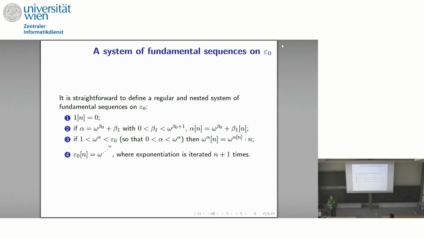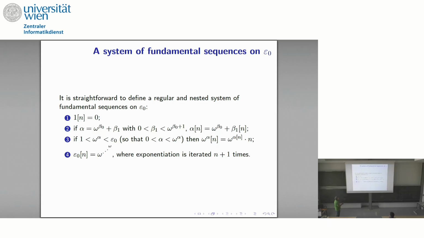Okay, well, going a little bit beyond the toy example of a system of fundamental sequences for omega, let's go to epsilon naught. This is already what Ketonen was doing. So for our purposes, we take this system of fundamental sequences. Condition 2 is just saying basically the regularity. And condition 3 is quite natural, when you have something of the form omega to the alpha.